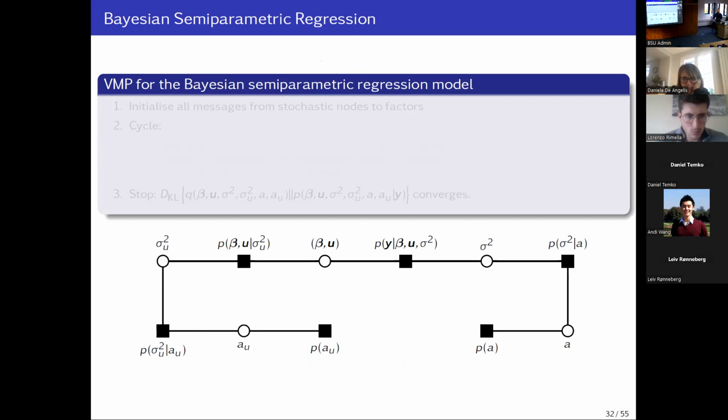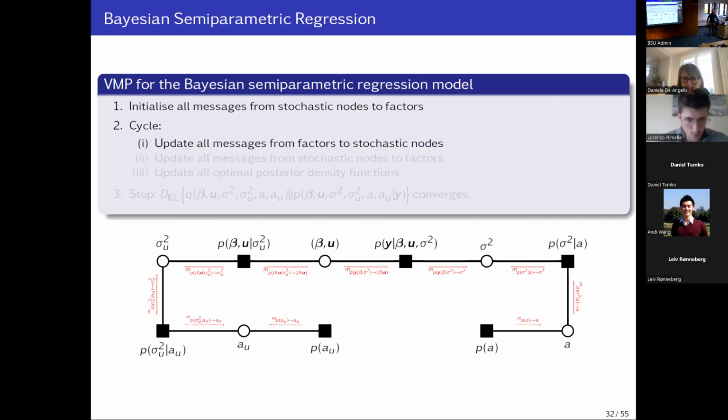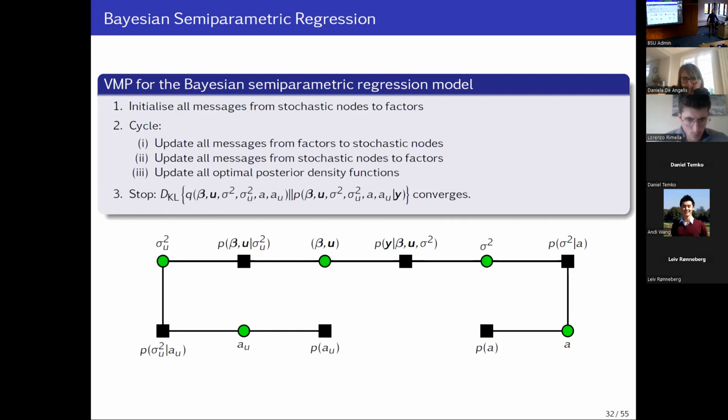So that's all we have to do to extend it to a semi-parametric regression model. We just have to determine that fragment, and then you run through the standard variational message passing algorithm. Although it seemed like we had to do a lot of work to set up the linear regression model, and you're right, we did, now to set up a more complex model we just have to develop one small fragment.